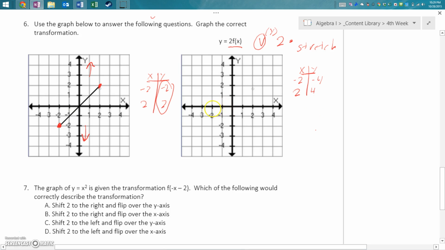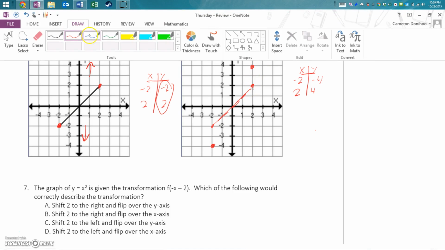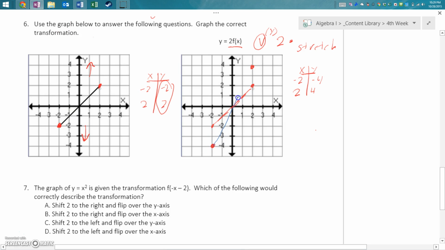All right, -2, -4, +2, +4. So if you compare with these original points, and I'm going to change color and graph this so you can see the difference here. Here's the new line. So again, if I stretched these points out and pulled the graph apart, then I'd have the new stretched out line.